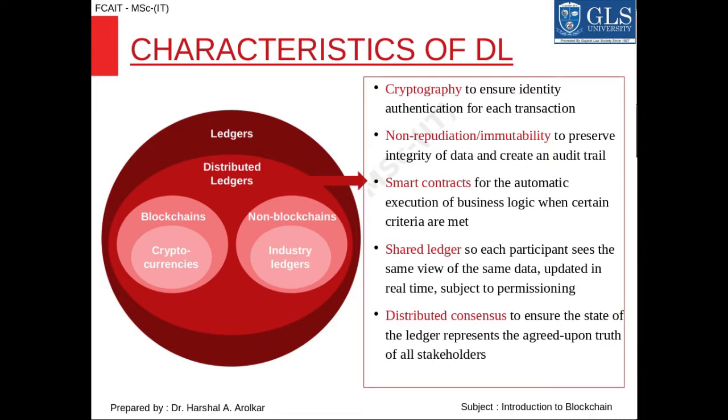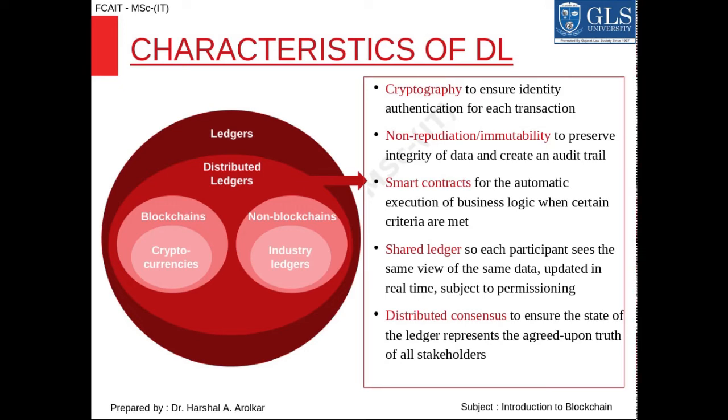First, they follow cryptographic principles, so we ensure that identity authentication happens for each transaction. They have non-repudiation and immutability, so as to preserve the integrity of the data, and we can easily produce an audit report or audit trail. They follow smart contracts, so we can get automatic execution of certain business logic when the criteria are met.